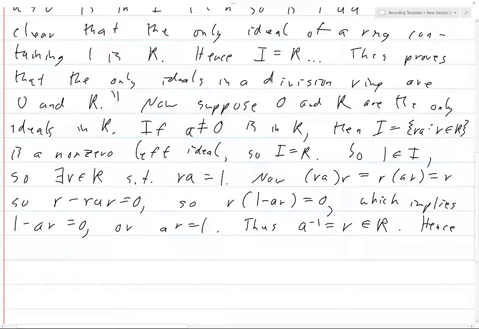Oh. What about zero divisors? Is that a problem here?